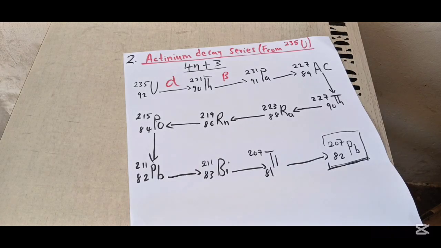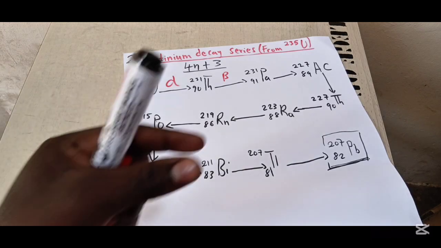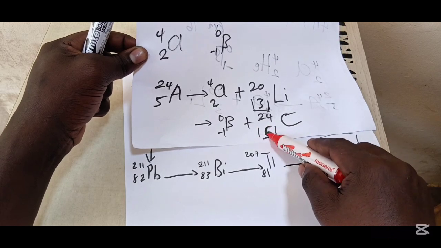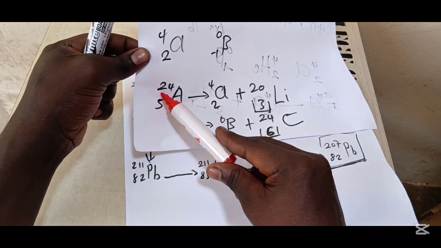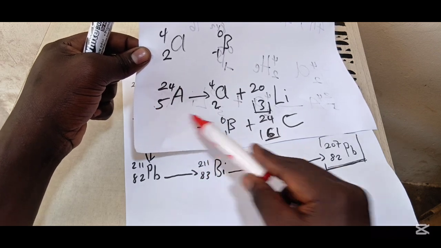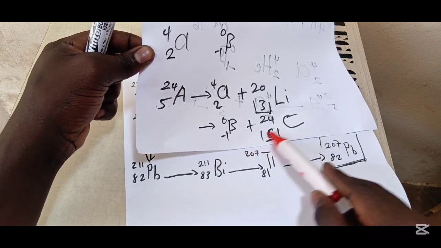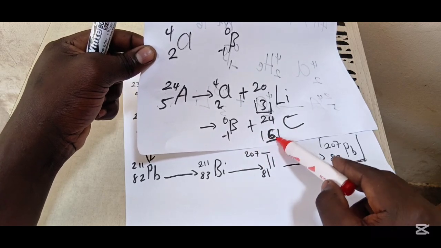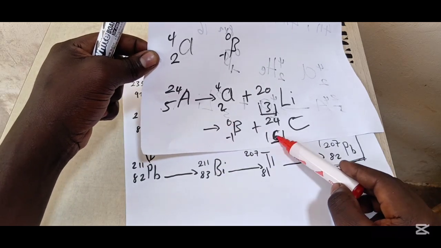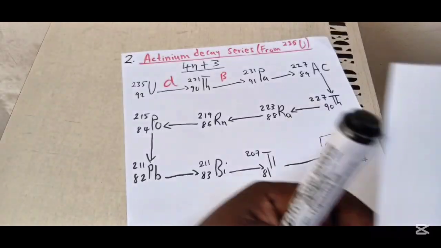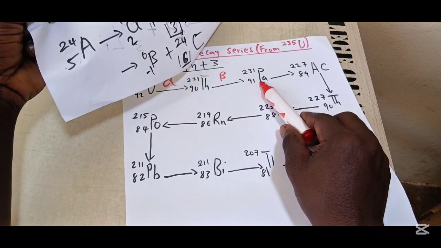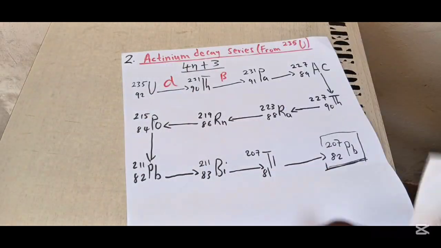When we look at beta decay, you can see that the nuclide we produce has an atomic number that increases. Looking at this here, we started with 24 and an atomic number of 5, and to balance the atomic number, we got an atomic number of 6. This tells us the effect of beta particles on a nuclide. So here we have 90 and 91, the effect of beta particles.